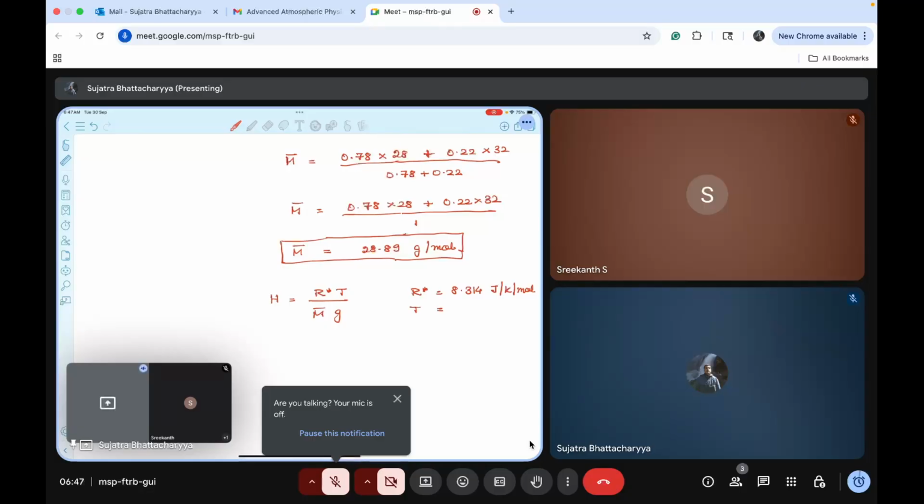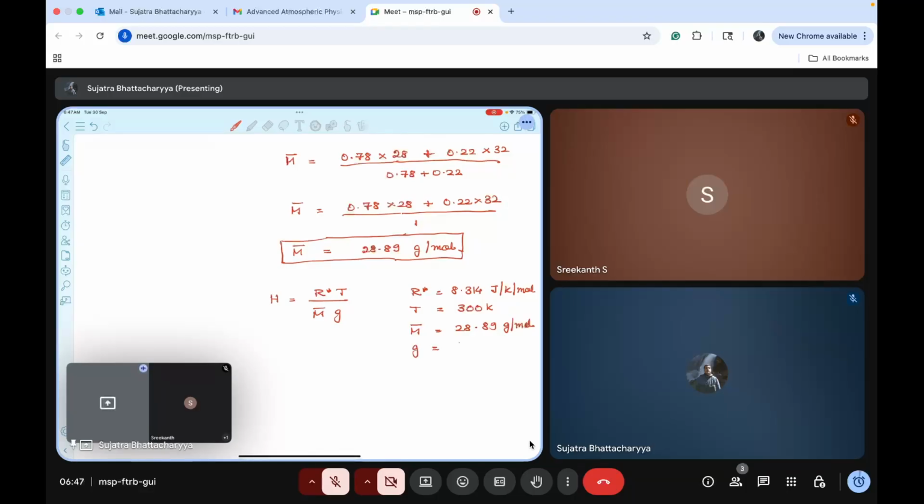Next is T. Given that it is an isothermal atmosphere with 300 Kelvin, the temperature remains the same throughout the atmosphere. M bar we have calculated based on the composition, 28.89 grams per mole. And finally, g is the acceleration due to gravity, that is 9.81 meters per second squared.